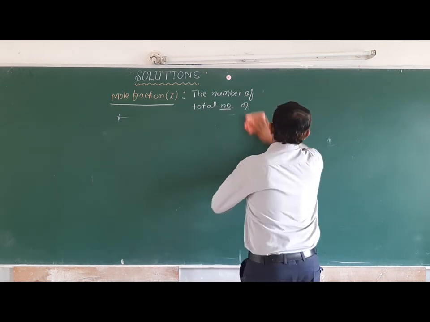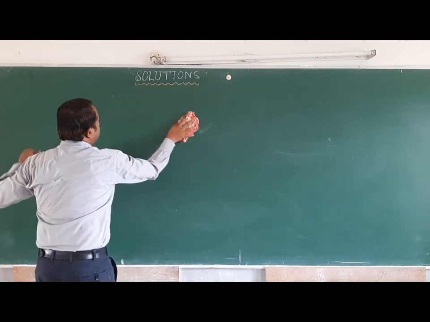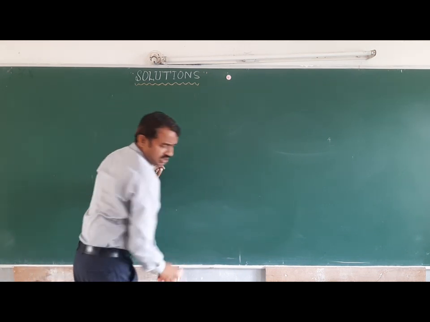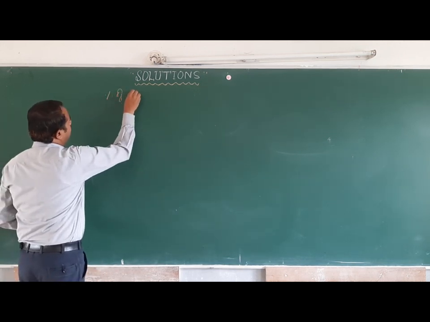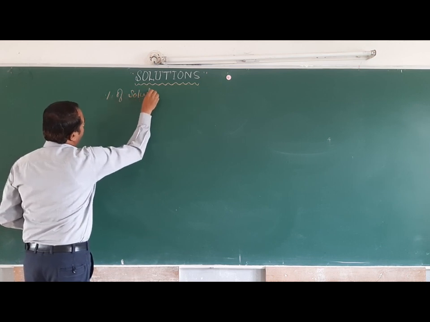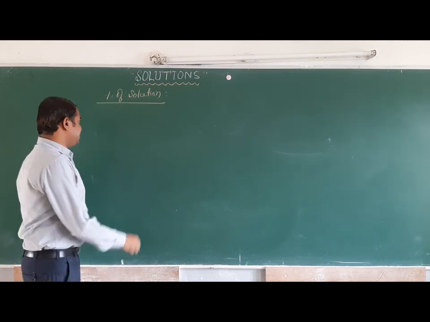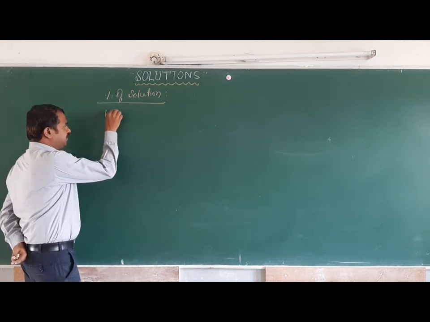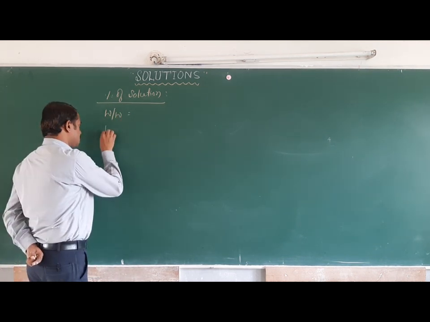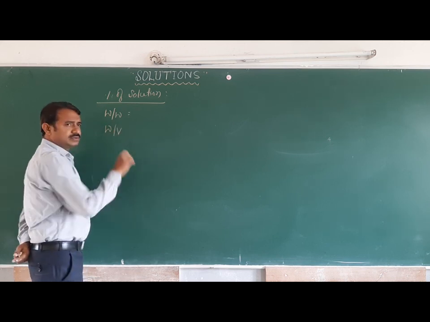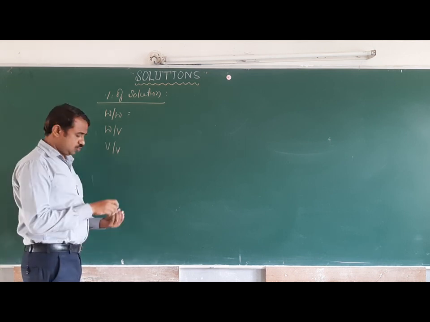Okay. Next we will go for another concentration of the solution, called the percentage of solution. In percentage, we get three types: mass by mass, mass by volume, and volume by volume.